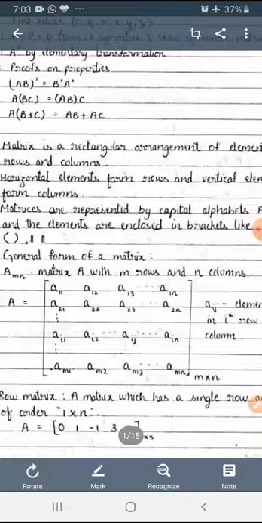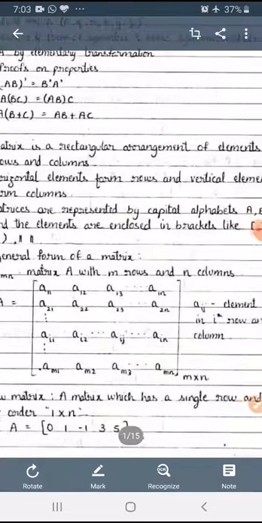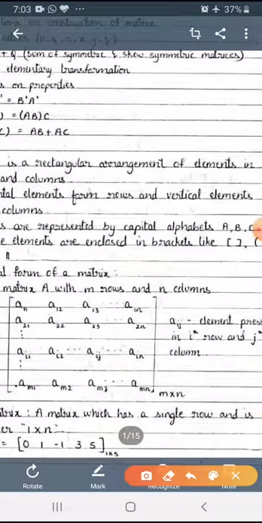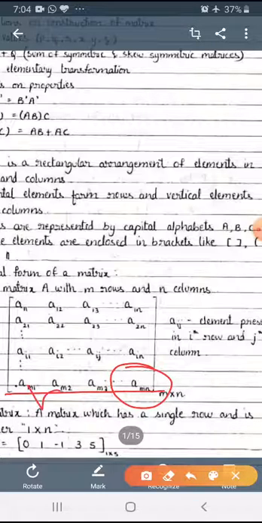Finally it becomes am1, am2, am3, amn. Observe the last element: amn. That is the point of intersection of the mth row and nth column.